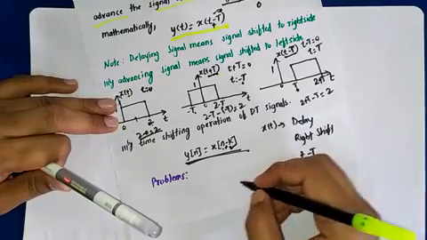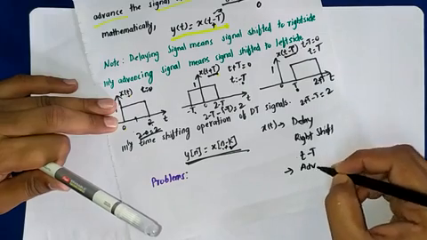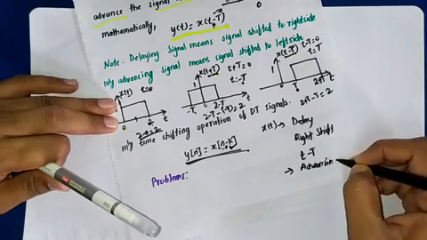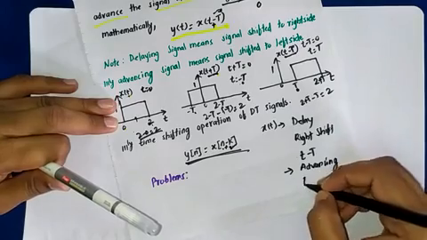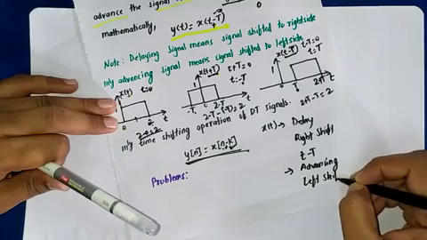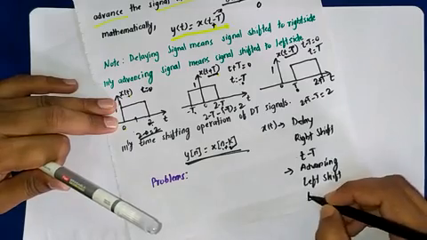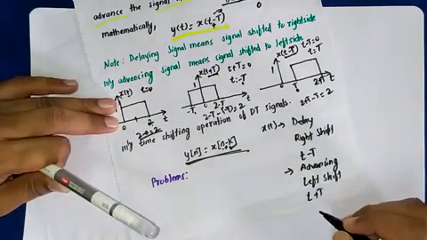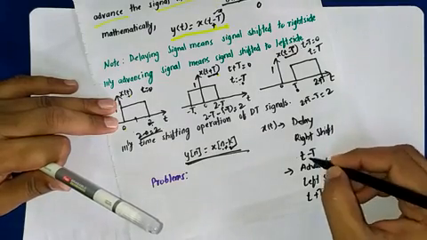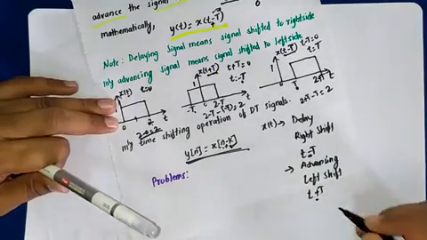Similarly, for advancing, you will be shifting towards the left side, so left shift, and the expression will be something like t plus t. So for delaying, minus comes here, and for advancing, plus comes here.